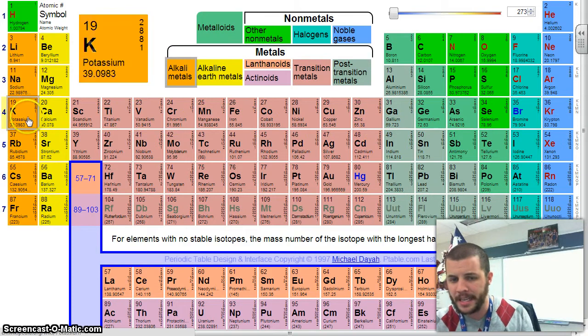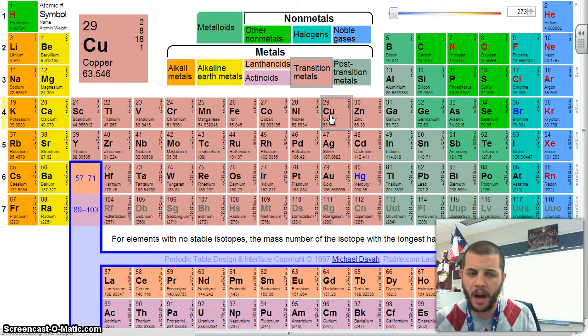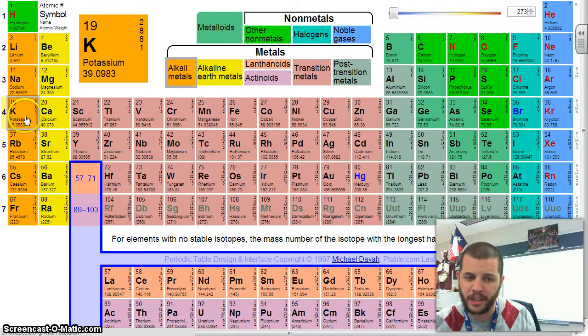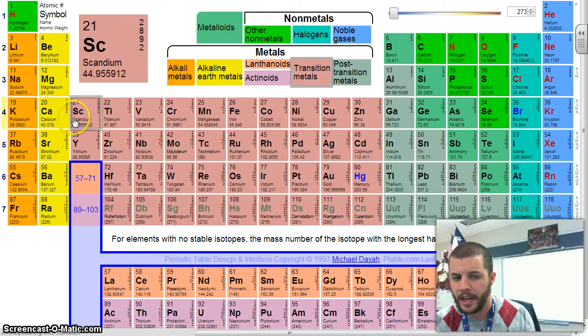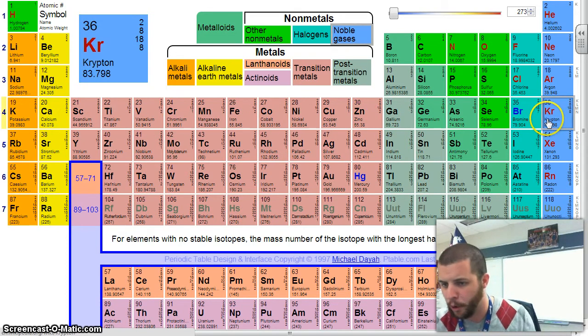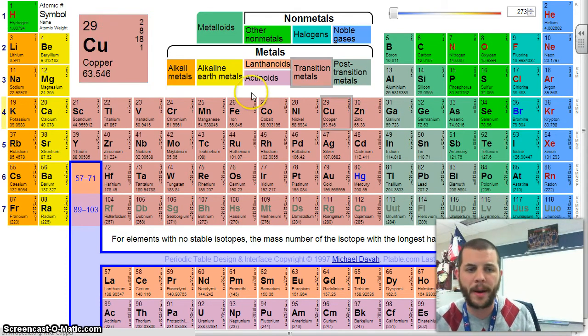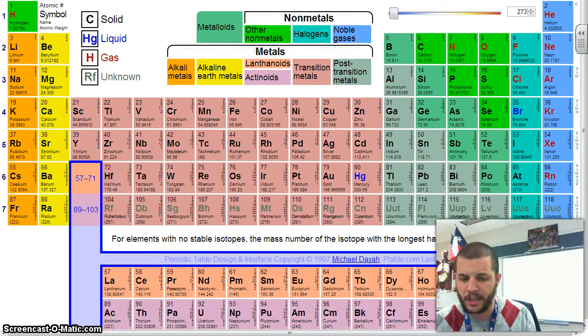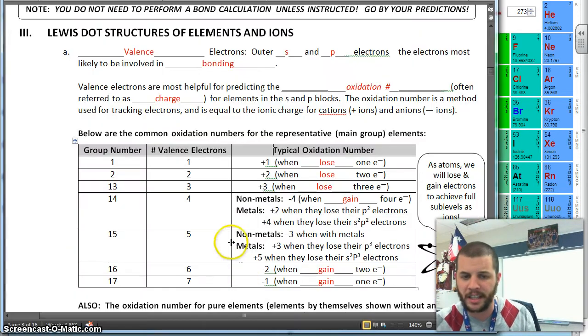So that means that anything in this D section is not going to be included when I'm referring to my valence electrons, because now I'm talking about energy level 4 for 4s2, energy level 3 for 3d10, and energy level 4 for 4p6. That's why my s and my p electrons are going to be my valence electrons.